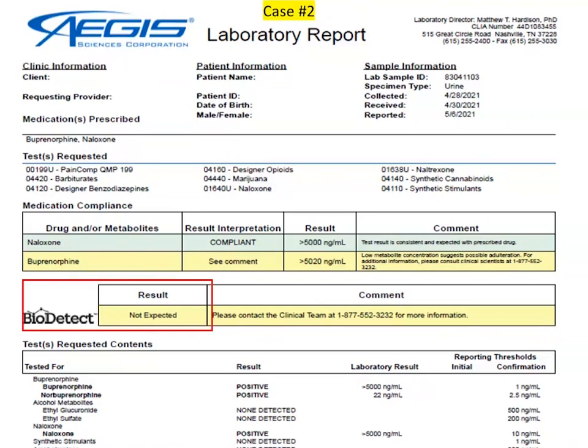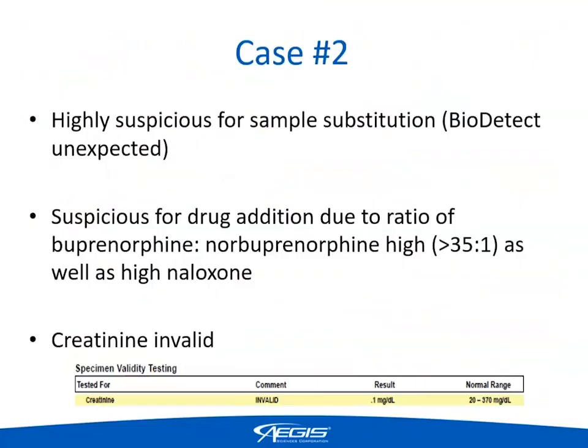But the thing that really kind of stands out with this particular sample is the BioDetect result. So it's not expected, and what that means is those 5 molecules that we are analyzing for that are routinely found in human urine, if none of those 5 molecules are found, a not expected result will be reported. And what this leads us to believe is a high suspicion for sample substitution.